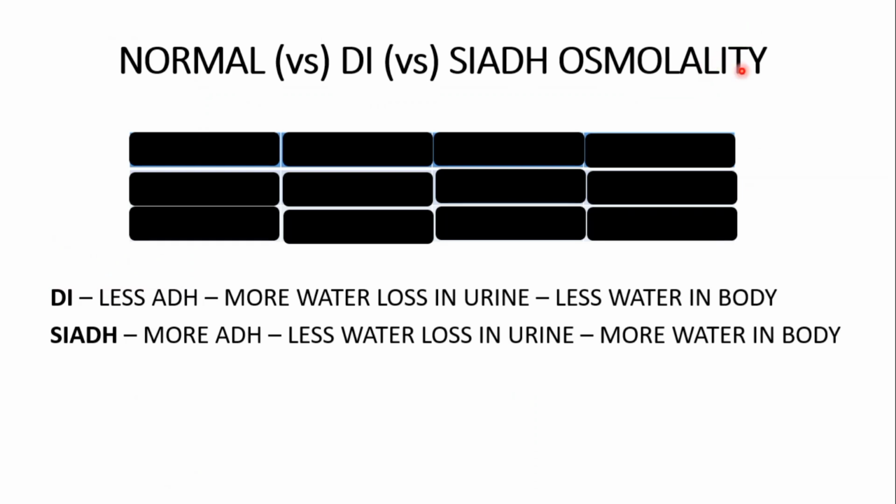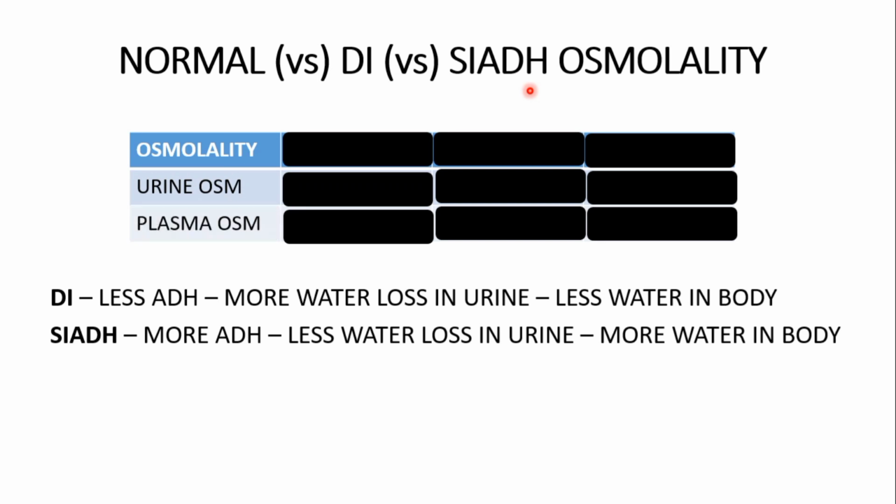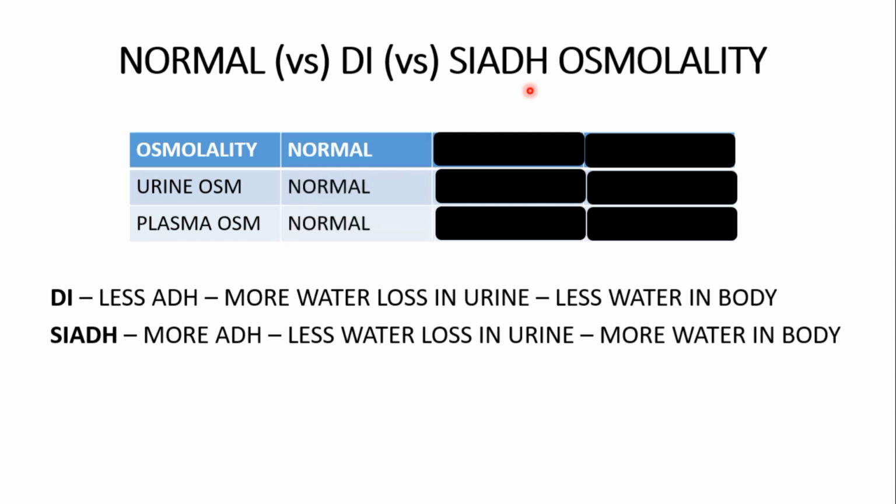Now let's use this osmolality and differentiate diabetes insipidus versus SIADH. We mainly look at urine osmolality and plasma osmolality. Normally, there is normal urine osmolality and plasma osmolality. But in diabetes insipidus, there is very little antidiuretic hormone. So there is more diuresis, that means more water loss in the urine.